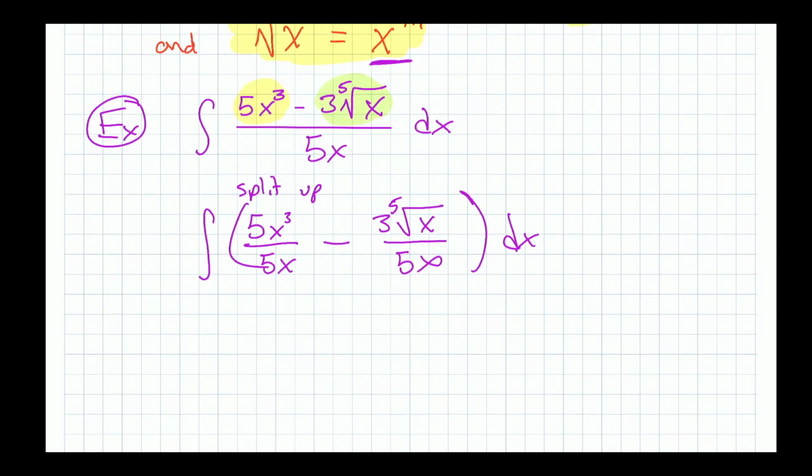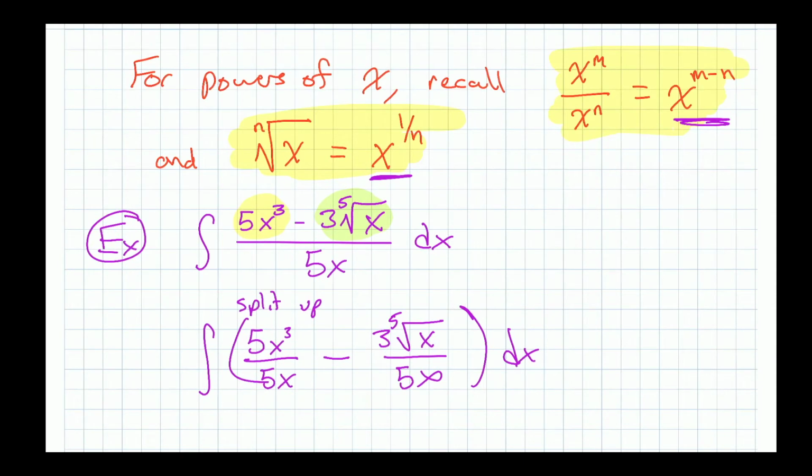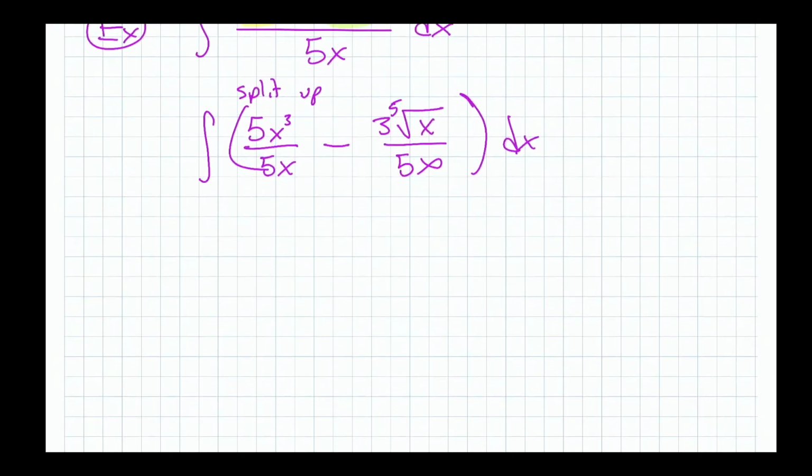So you see, you split it into two fractions there, right? That's not a rule for powers yet, but like a plus b over c is simply a over c plus b over c. Use that rule. So we split it up. Now we want to simplify the powers. But before I simplify the powers, I'm going to write everything as an exponent. That means I can't have a fifth root of x.